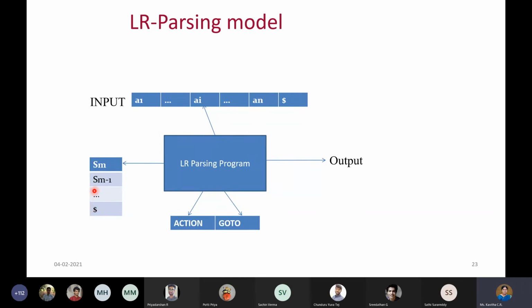Then in the beginning you will start with state number 0, and then you go on including your symbols as well as the state numbers, and based on that tracking you'll take a decision and run through the parsing algorithm. And we have the action part, we have the goto for the non-terminals, and whatever output we get, whether it is accept or error or a conflict, that will be taken as output.